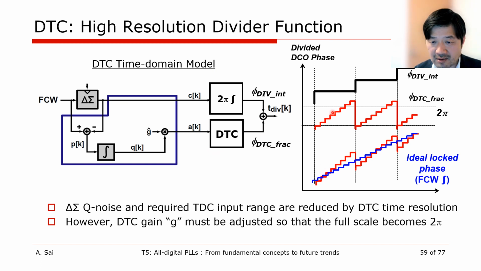If full-scale delay of DTC does not match full-scale NiPi of the DCO, it causes large glitches, as in the case of the TDC full-scale error. Hence, DTC gain G must be adjusted so that the full scale becomes NiPi.